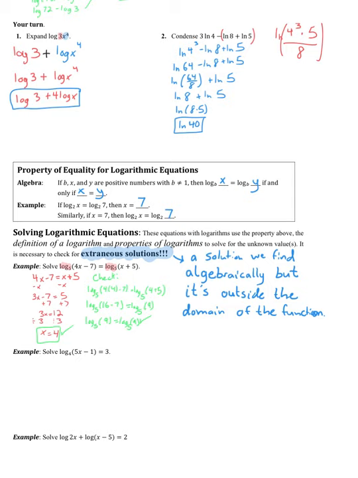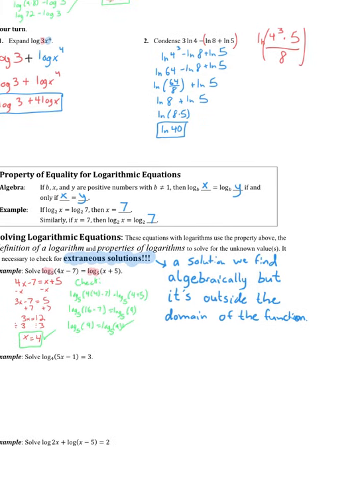So it's something where you find it and it should work, but then it turns out that if we set the domain of the function, it's outside of that domain. That's what an extraneous solution is.